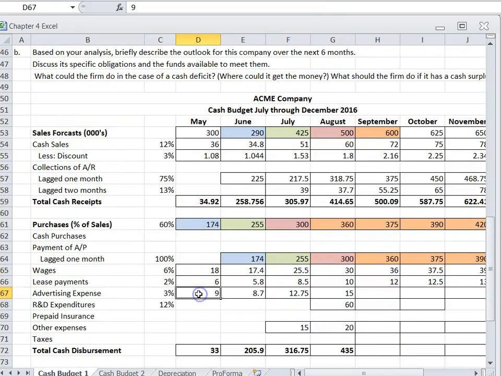Okay, so down here, sales times 3%. That's what happens when I don't lock the cell down. I have to put the dollar signs around both the letter and number, so that way this percentage won't drift. But I do want the sales number to drift, so there we go.